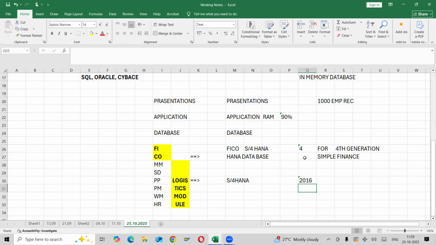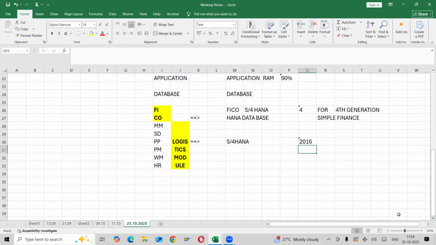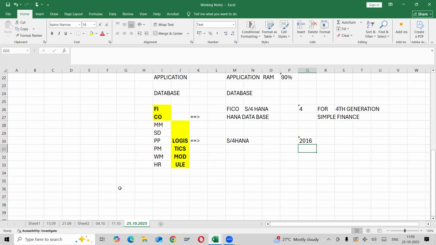This is in the year 2015, and this is 2016. So SAP earlier, now almost the majority of organizations, till 2030, the majority of SAP customers are using the ECC product, Enterprise Central Component product.